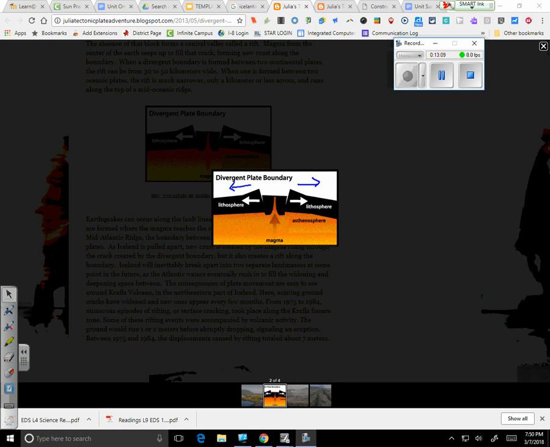Step 2 is that you have magma coming up through this hole right here because the plates are spreading apart. Step 3 is that as soon as that magma hits the ocean water, it cools instantly and makes bulges or mountains, and you can see that right here. So step 4, which is what you're doing right now, is that over time, these plates separate and they make this flat area right here, which we call a rift valley.